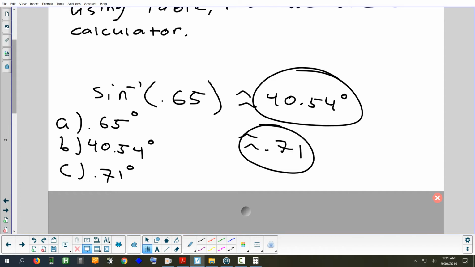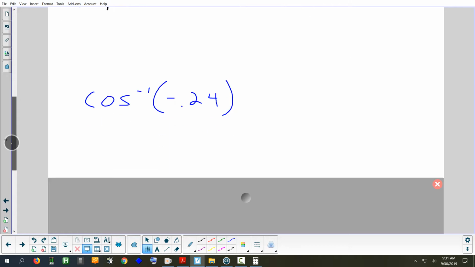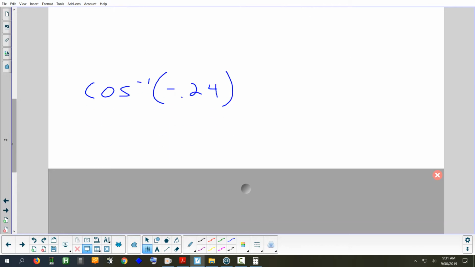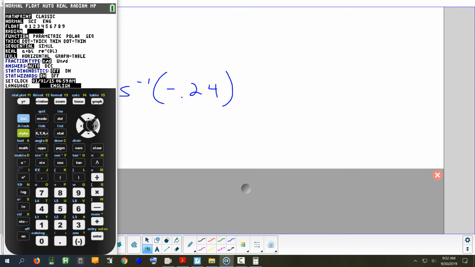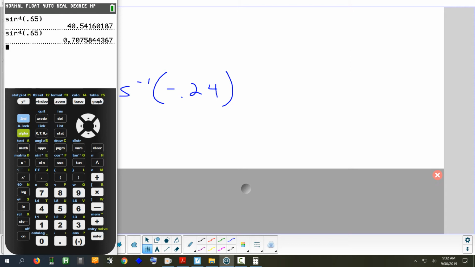Okay. Let's try this one. Inverse cosine of negative 0.24. Justin, can you tell me, if I want to do this in degrees, first I'm going to just change it. But after I do that, can you tell me what I press to type it in?